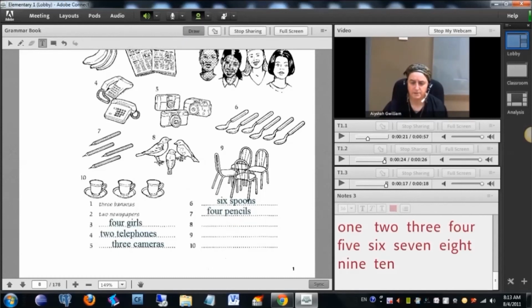We have 1, 2, 3 birds. Number 9, these are chairs. 1, 2, 3, 4. 4 chairs. And number 10, these are cups. Your answer should be 3 cups.